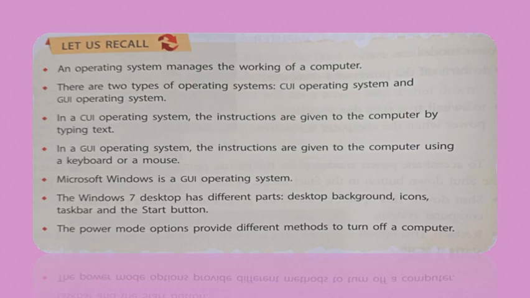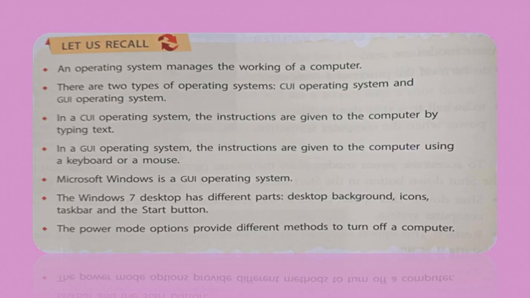See, in the Let Us Recall: An operating system manages the working of a computer system. There are two types of operating systems, CUI operating system and GUI operating system. In a CUI operating system, the instructions are given to the computer by typing text.